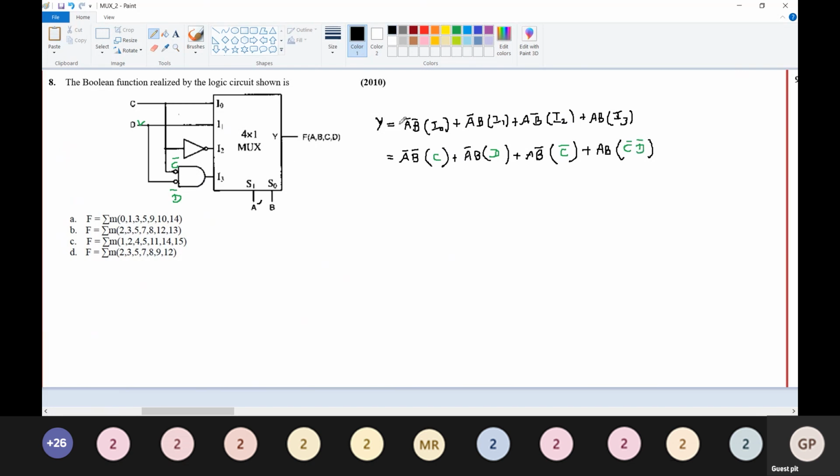So now what are you going to do? You just multiply all these terms. We'll have A dash B dash C plus A dash B D plus A B dash C dash plus A B C dash D dash.